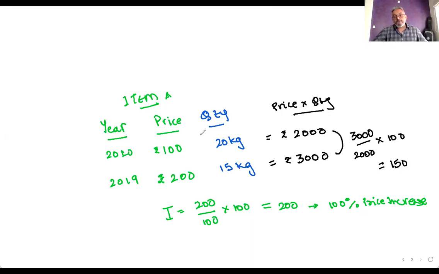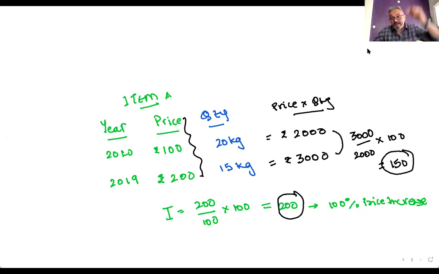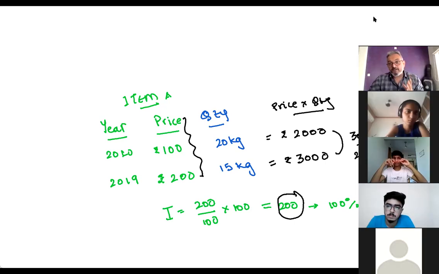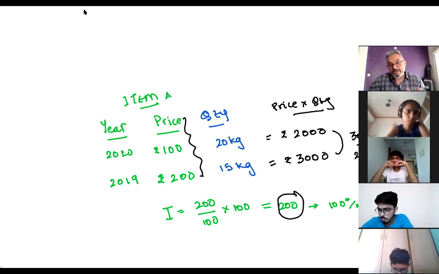So if I go only for price comparison, my index is 200. But when I go for price into quantity, my index is 150. So I would say my expenses have gone up by 50%. Now, what is better, price comparison or total expense comparison?